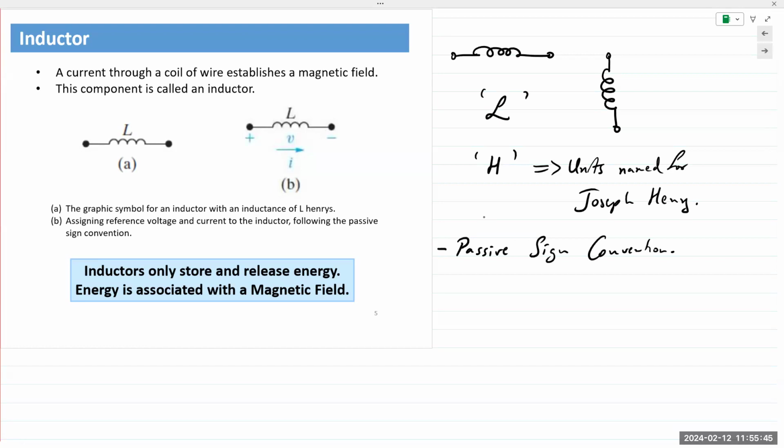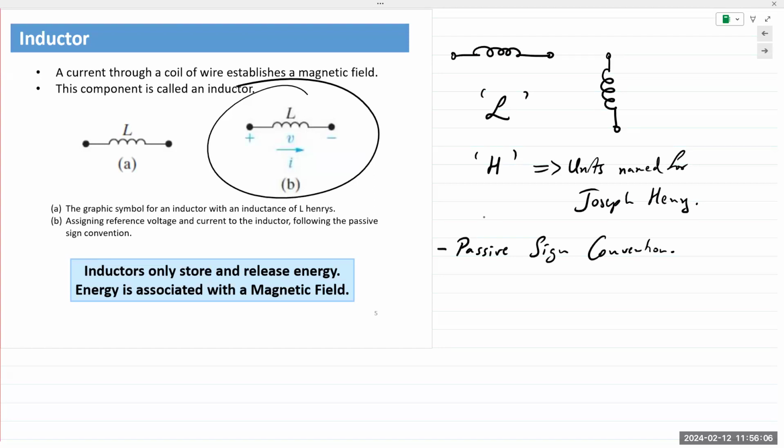So if you're given a voltage polarity, then the current will go from plus to minus. If you're given the current direction, then the point of entry is plus, point of exit is minus. It is indicated right here in illustration B. Okay.